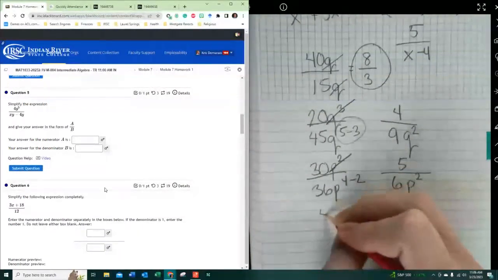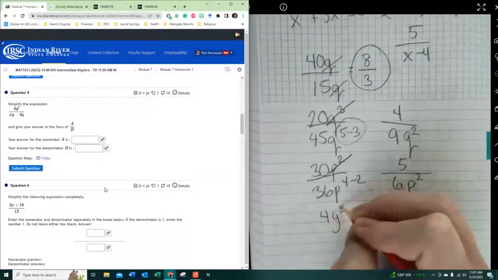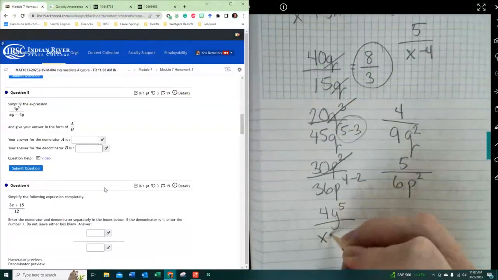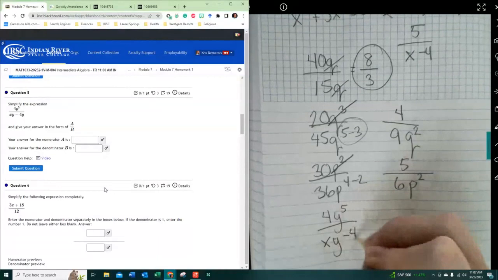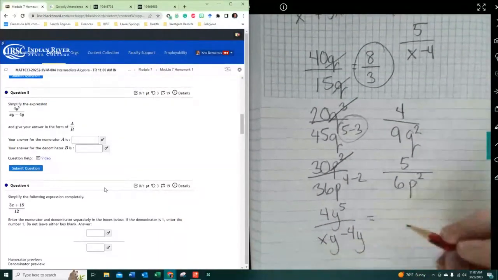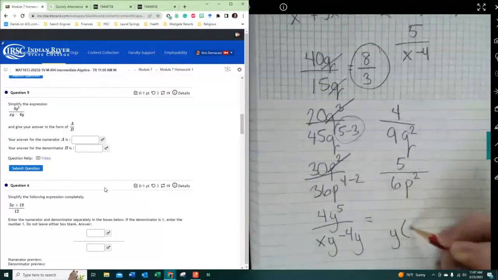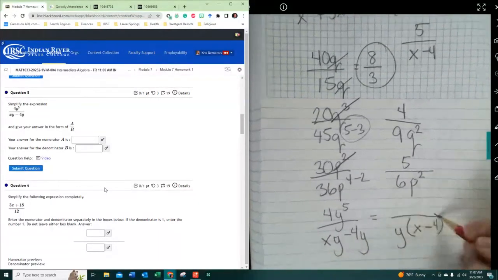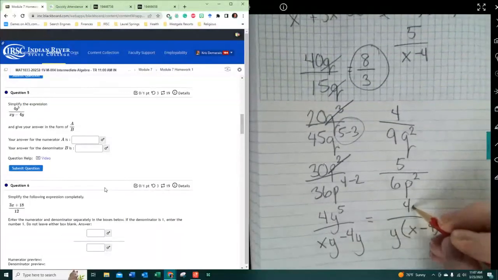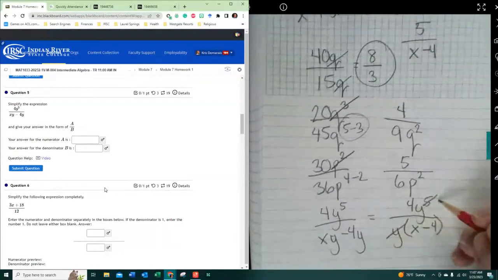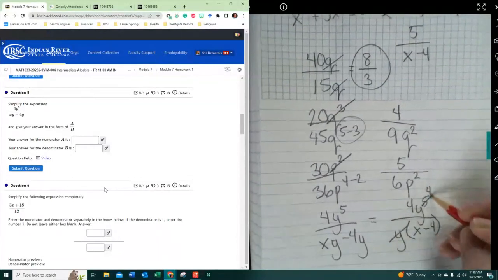Let's go ahead and take a look at this one. So we have 4y to the 5th over xy minus 4y. Now, when we look at this, we have to factor out a y from the denominator. And when we do, we get this. And we know that this y can cancel out one of these y's and gives us 4 now.